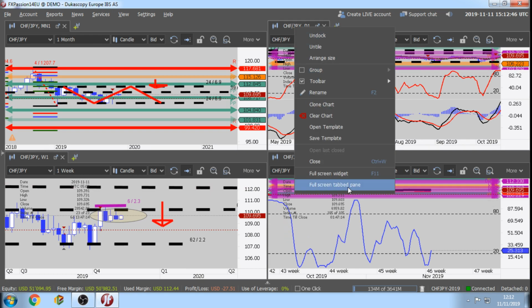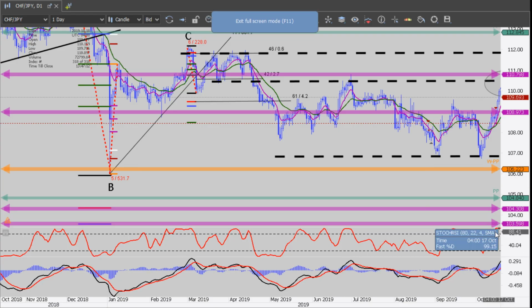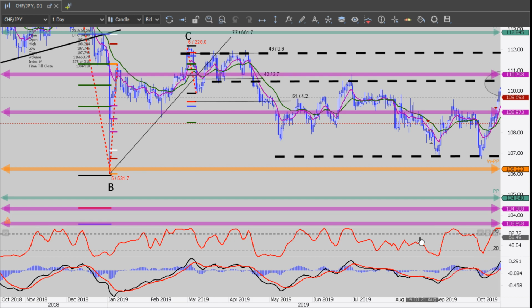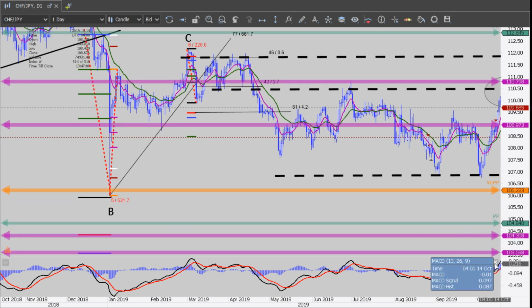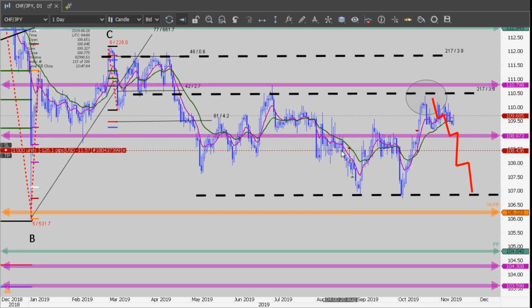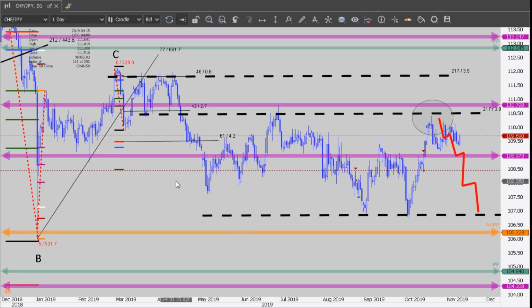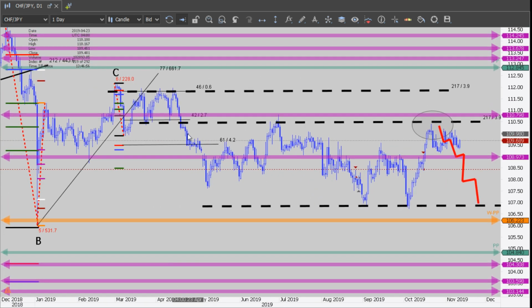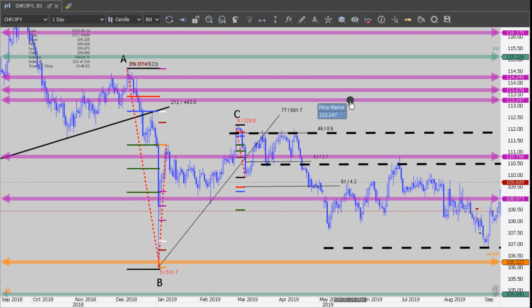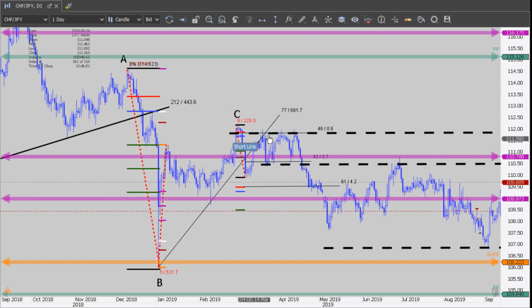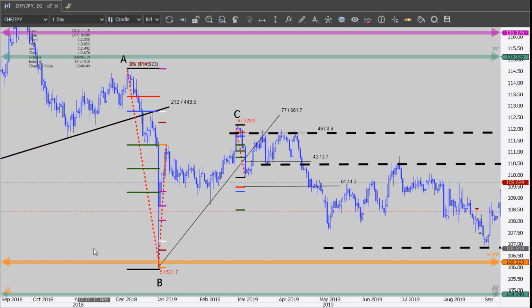Let's go on the daily chart. Remove the indicators. Okay, and remove again, remove the indicators. There you go. This is the daily chart. And let's remove a few things here. Remove this mess.